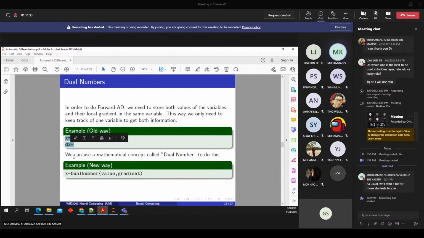This is the old way, but we can also use a mathematical concept called dual number. So in this new way, x is equal to a dual number, which we'll define as a class later, which stores the value of x itself and also the gradient. This is the trick, how we are translating forward automatic differentiation in Python.